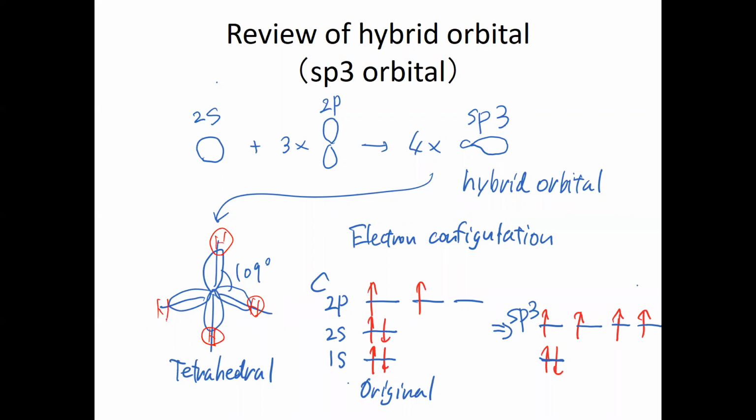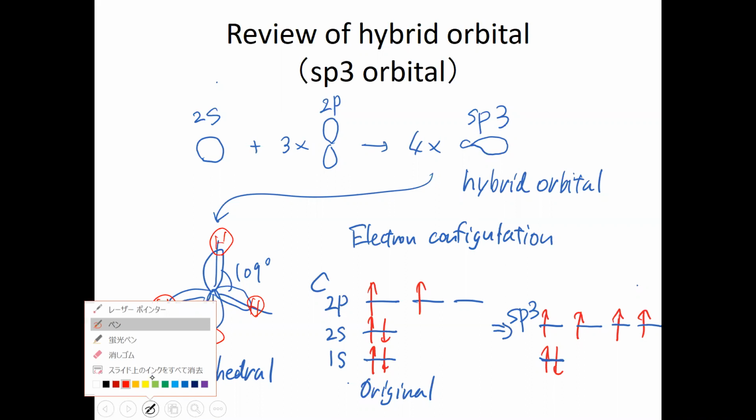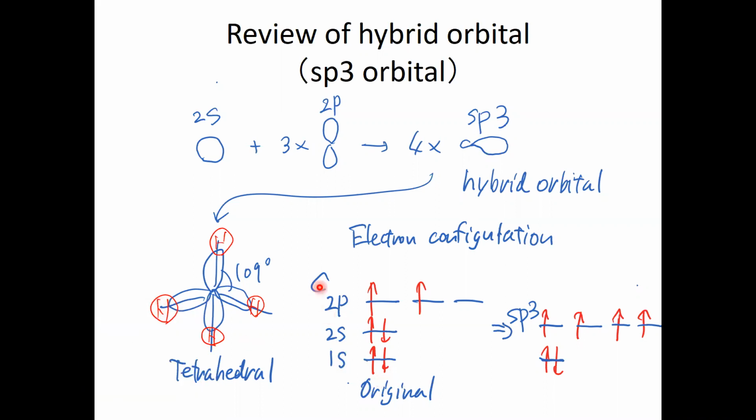This is the reason why hybrid orbitals are formed: to make 4 bonds, this carbon needs 4 orbitals or 4 electrons. Thinking about the electron configuration of carbon, you can see the 1s, 2s, and 2p orbitals.